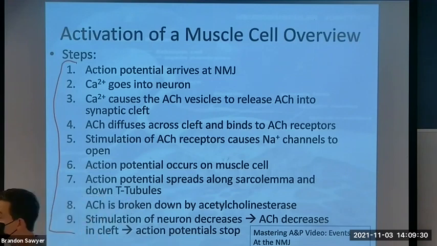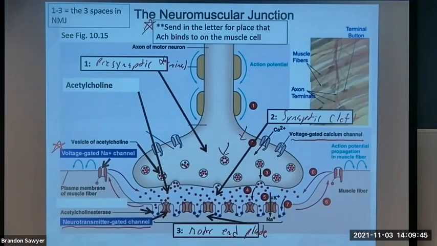Okay, so this all starts with that action potential coming down the motor neuron towards the muscle cell. It hits the neuromuscular junction. The first thing that happens there is, if we go back to that neuromuscular junction slide, we saw that we had these voltage gated calcium channels.